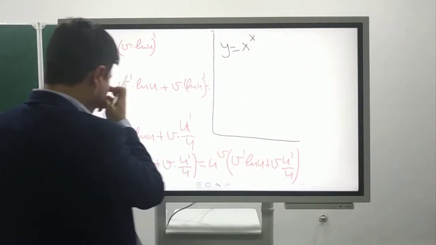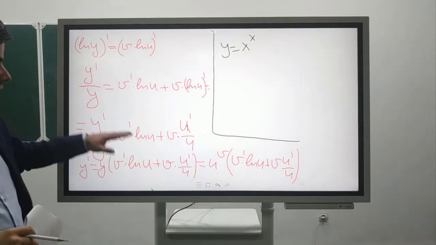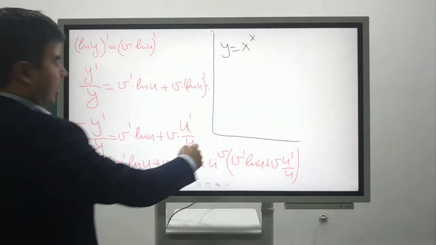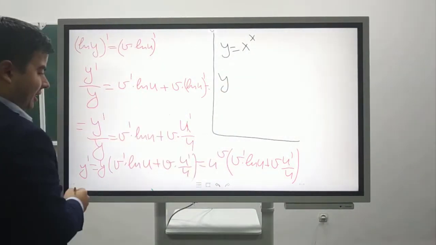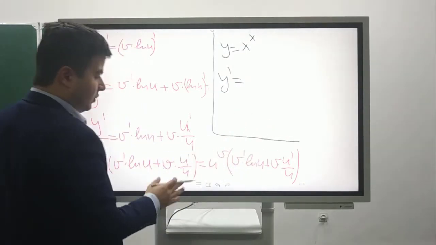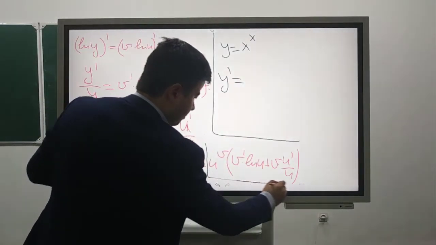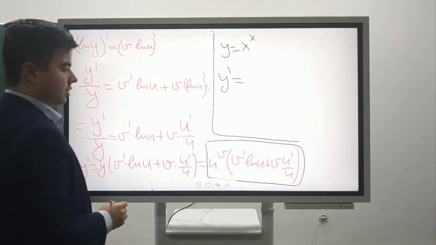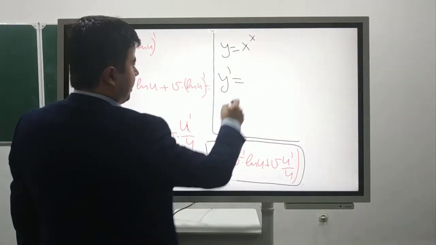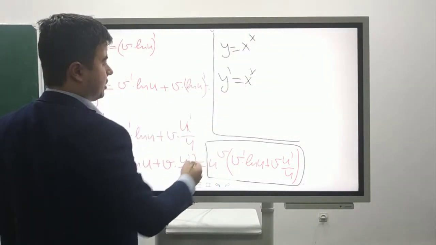Here just replace u and v with x, and now it's very easy. Let's write directly y prime using this formula. This is for you as a general formula. So u the power of v, so it is x the power of x. Our u is x, our v is also x.